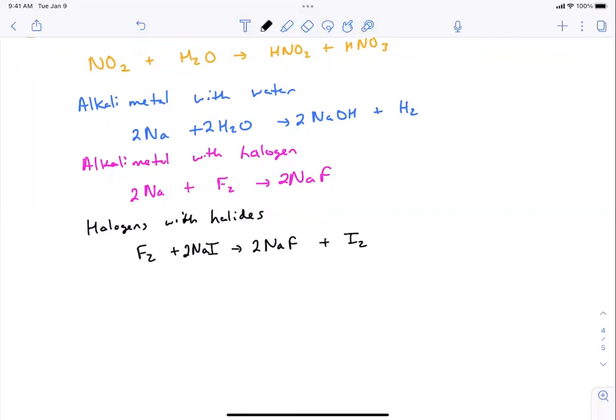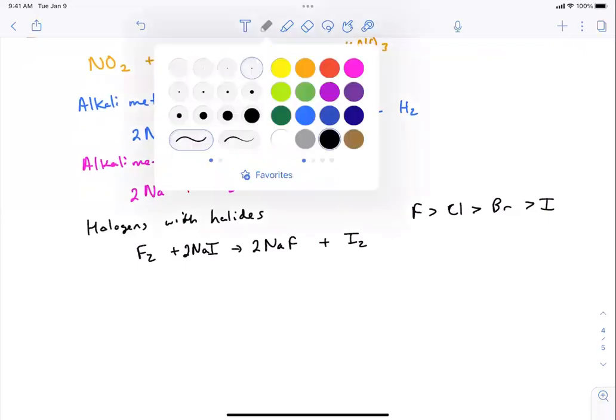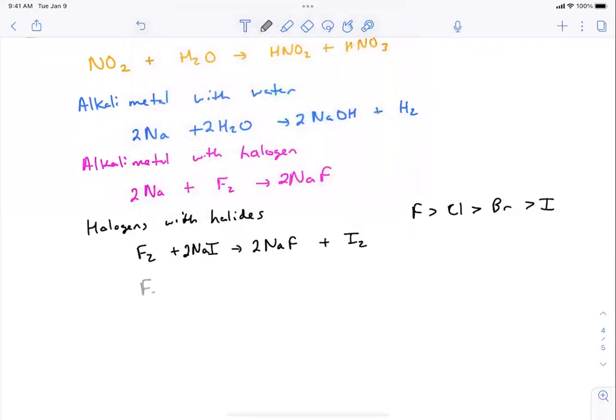And you have to remember that F is more reactive than Cl, which is more reactive than Br, which is more reactive than I. So this is kind of like an activity series from topic 9 and 19, where F can replace all of them, and Cl, Br, and I can't replace any of them. As an aside, sometimes they just write it like this, because that's really all that's changing. So you can see it both ways here.